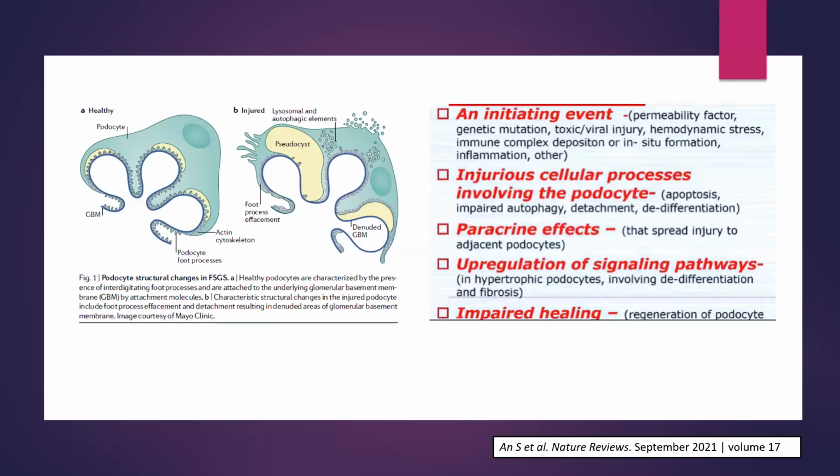We have also the paracrine effect, where the lesion in podocytes spreads to the adjacent podocytes, and then upregulation of the signaling pathways in the hypertrophied podocytes involving differentiation and fibrosis, and at the last impaired healing. And this will lead to glomerulosclerosis and interstitial fibrosis.